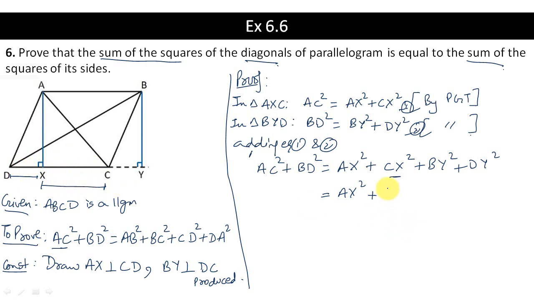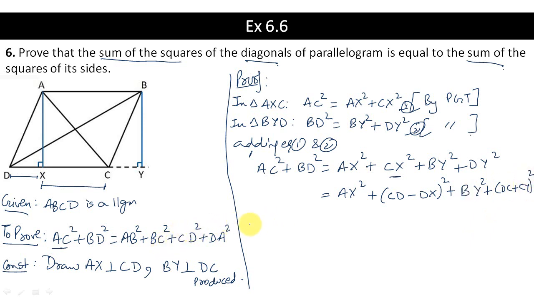So I'll write CX as CD minus DX whole square, plus BY square will remain same. DY, in place of DY, I can write DC plus CY. So this will be DC plus CY whole square.